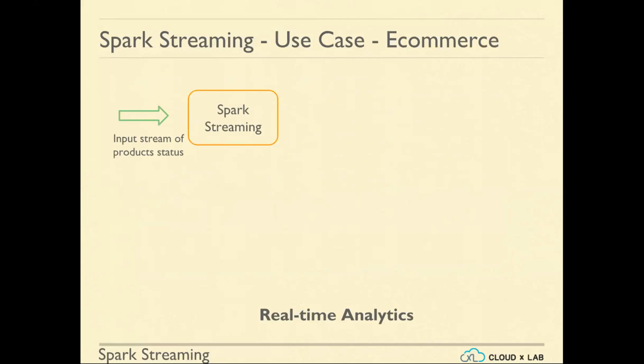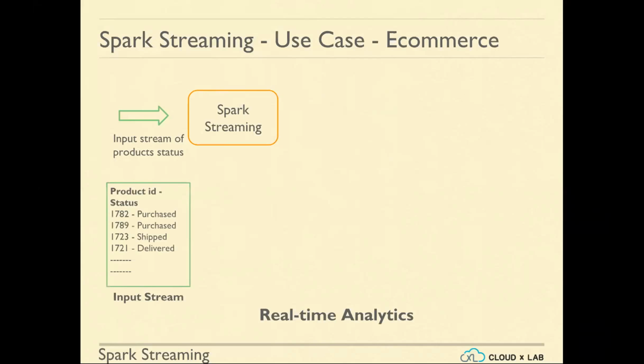In real-time analytics, the input stream of product status is fed to Spark Streaming. The entire stream coming from, say, an e-commerce website, what all is going on on the website, comes as a continuous stream of packets. It could come from a log file generated by the web server, or from other sources.